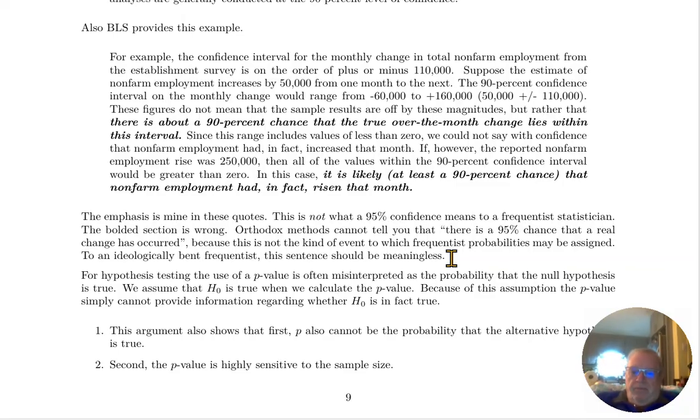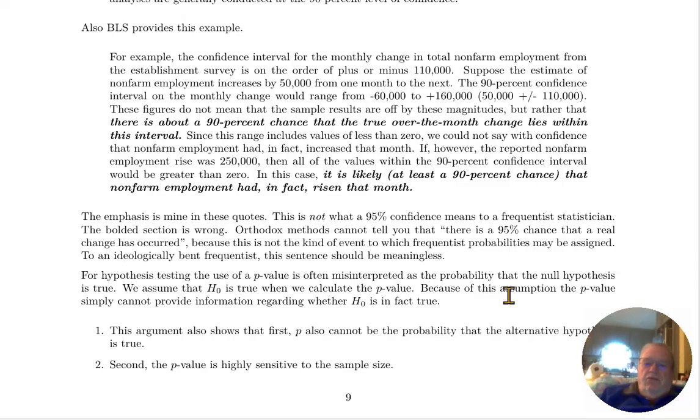Here they use a p-value. We assume that H0, the null hypothesis, the 10% in our example with the proportion, is true when we calculate the p-value. If the p-value is really small, we tend to reject the null hypothesis and accept the alternative hypothesis. That's all you can say. There's no probability.